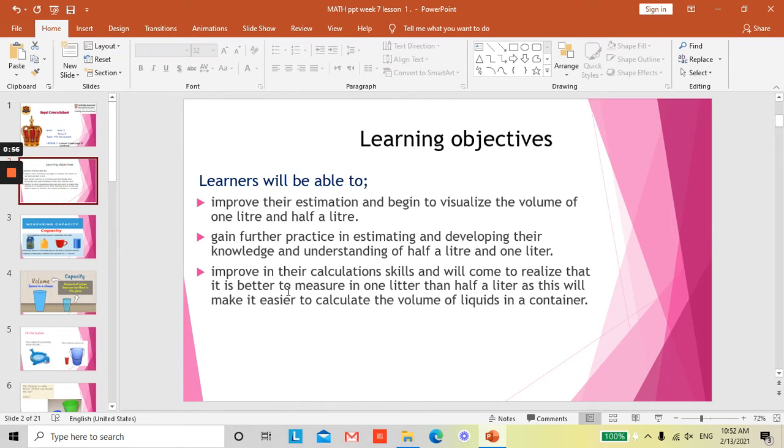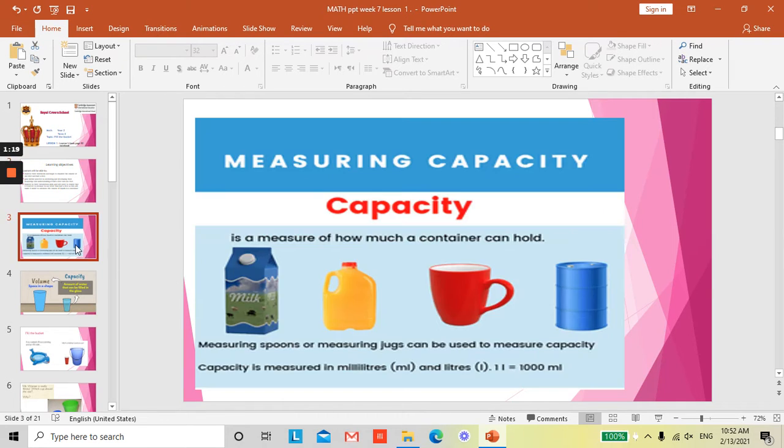The last objective is improve their calculation skills and will come to realize that it's better to measure in 1 liter than half a liter, as this will make it easy to calculate the volume of liquid in a container. Let's move to the next slide.